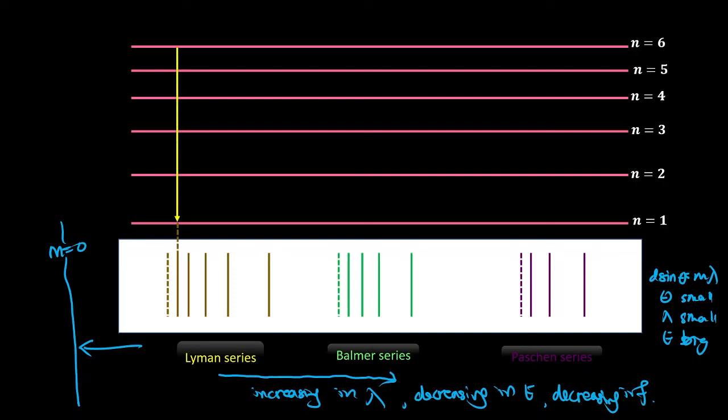If you look carefully here, the one nearest to the central maximum is the transition from n equals 6 or further away from the nucleus to the ground state. For the Lyman series, this one is the highest energy in the Lyman series, and this one will be the lowest energy in the Lyman series.